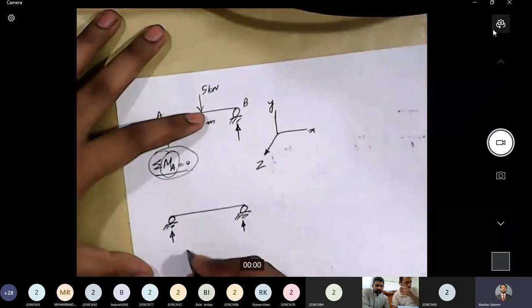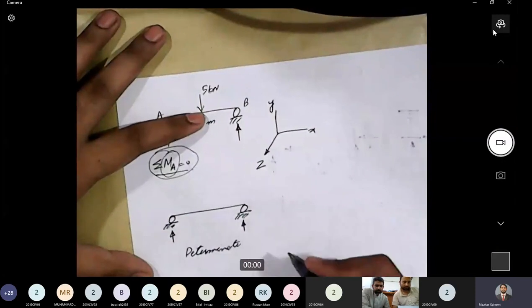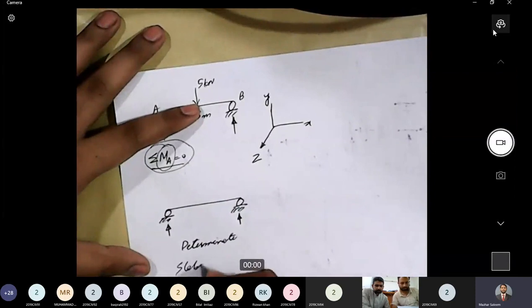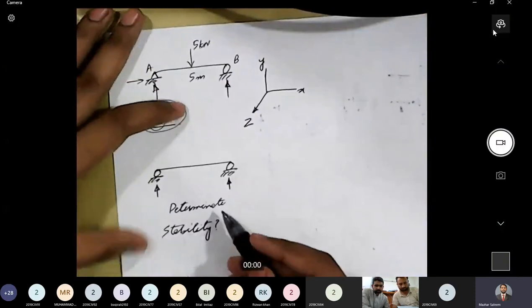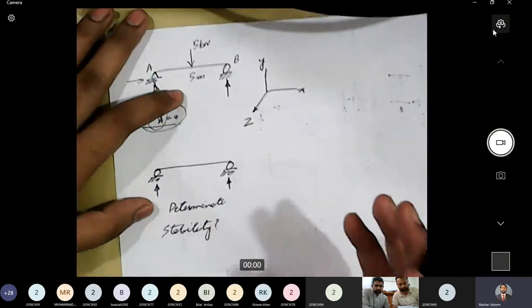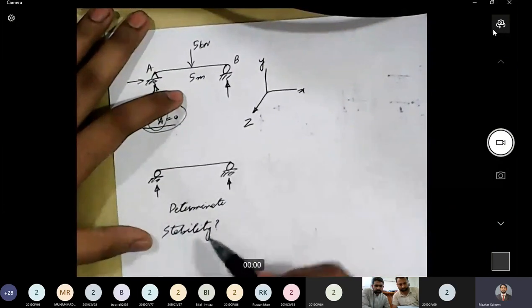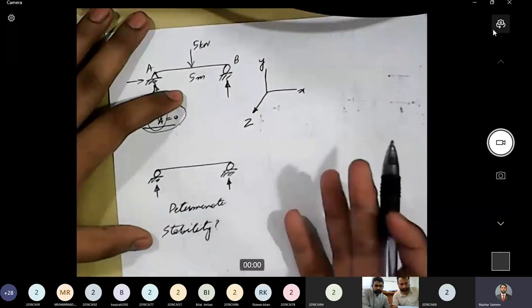So this is a determinate beam. But there is another question, that is about stability. There are 2 questions. Determinacy tells us whether this can be analyzed using conditions of equilibrium or not. The other question is about stability, whether this structure is stable or not.